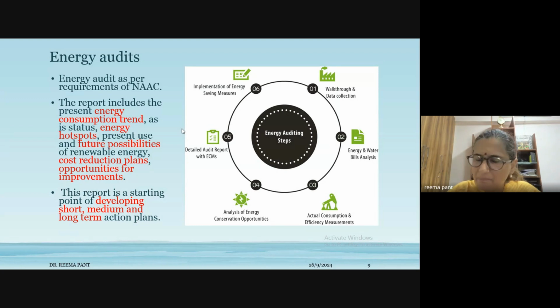Then you develop the same on a larger scale where you talk about where all the bills are, how things are changing, what you suspect could be problem areas that need to be fixed or will be fixed in the coming years or sessions. And in the long term, how do you see the energy shifting from what exists today to what it should go to? So there is a fixed time frame that you will have to give. And that is what your report should contain when it goes for your NAC assessments.